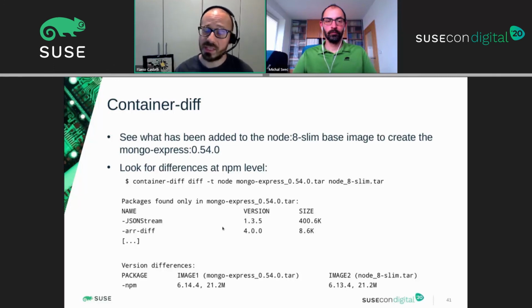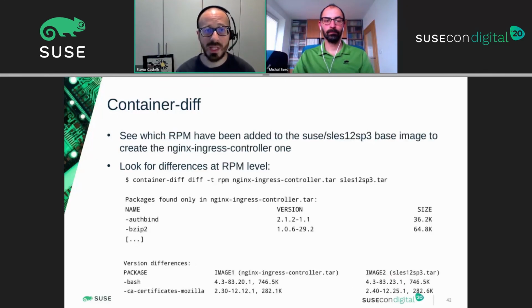And we can also see some interesting facts. For example, the npm package got somehow upgraded inside of the Mongo Express image. It went from 6.13 to 6.14. So an interesting change.